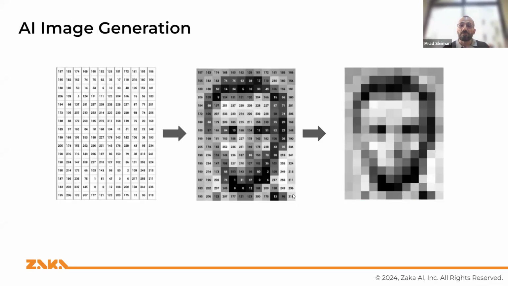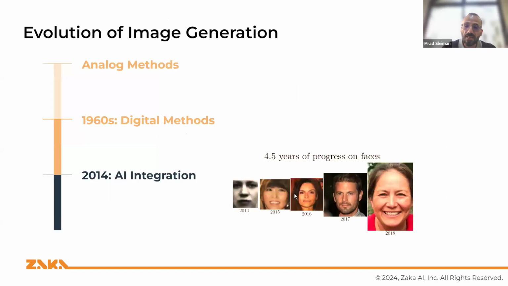So if we can do the inverse operation, if we can generate these pixel numbers, the AI is able to construct patterns, lines, shapes, and combine all of these in order to generate images. And let me refer back to this.